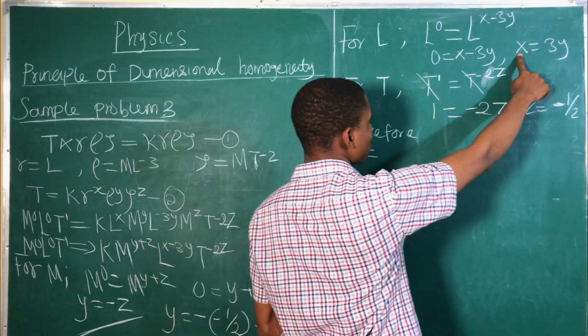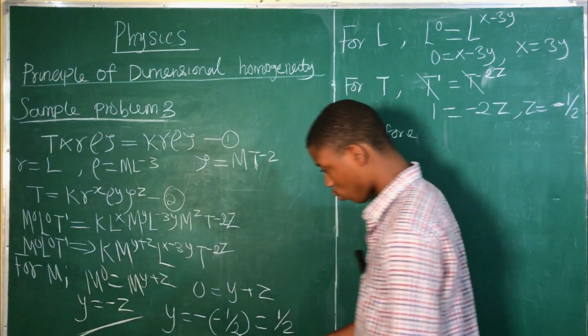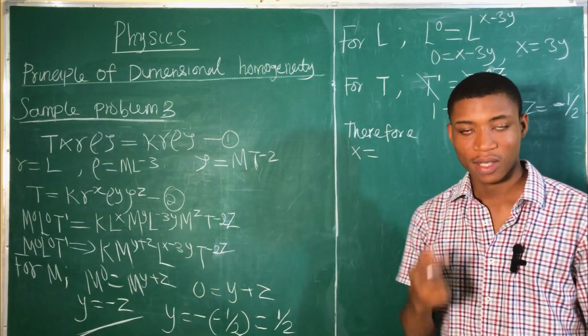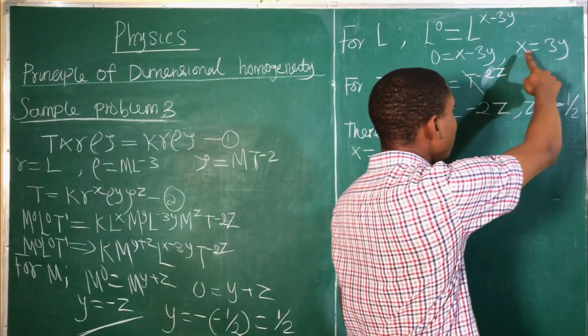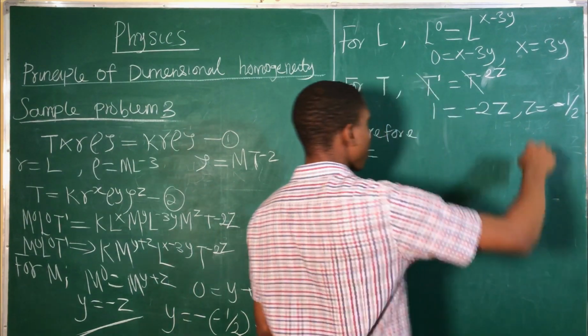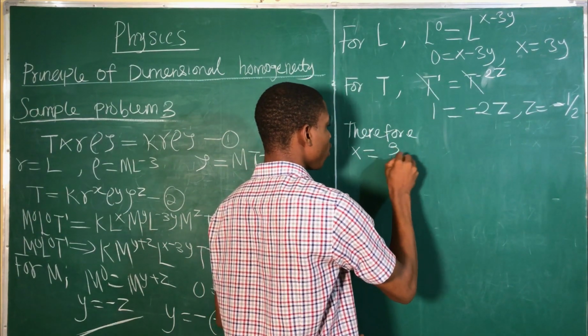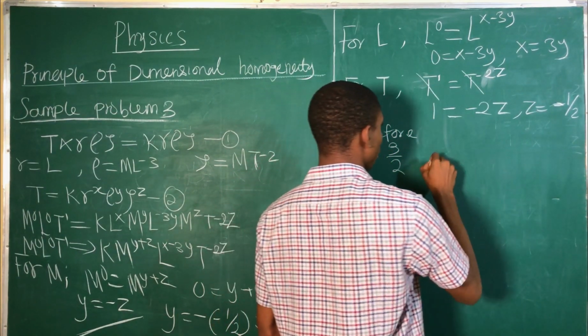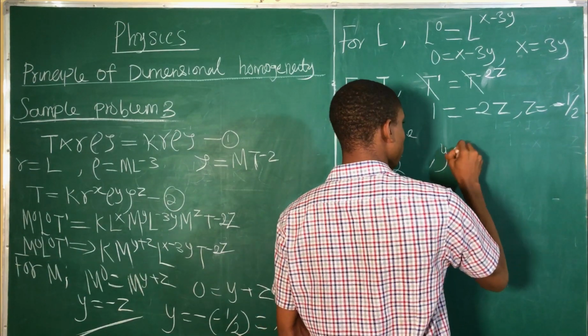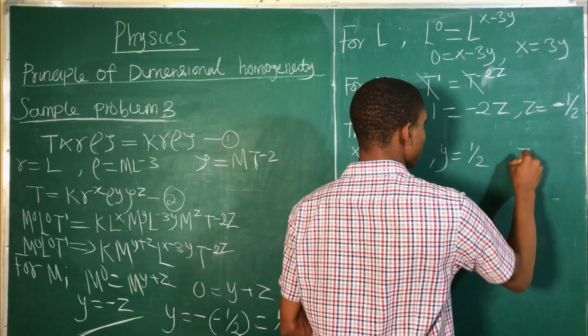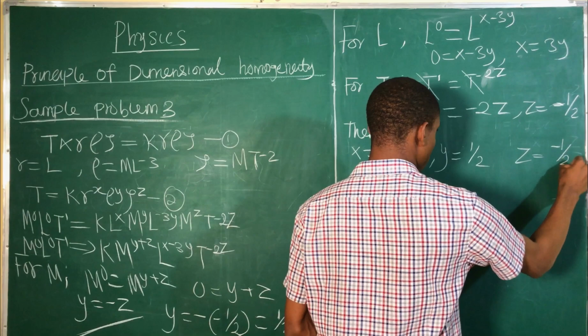Then we know that X is equal to 3Y. So if Y is 1 over 2, X will be equal to 3 over 2, knowing that X is 3Y. So X becomes 3 over 2, Y is 1 over 2, and Z is negative 1 over 2.